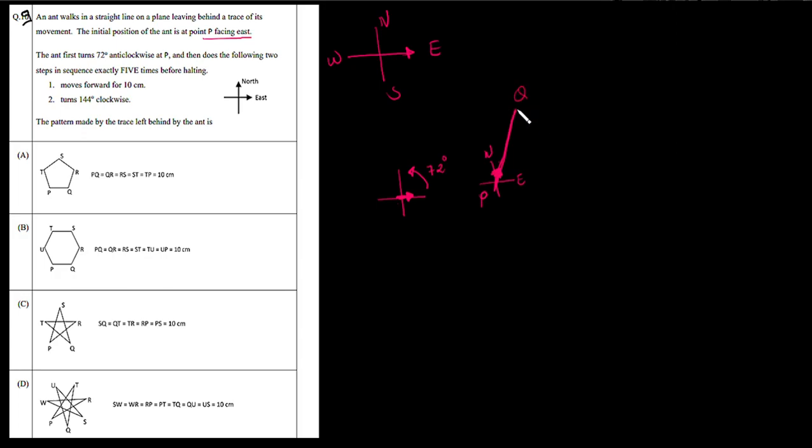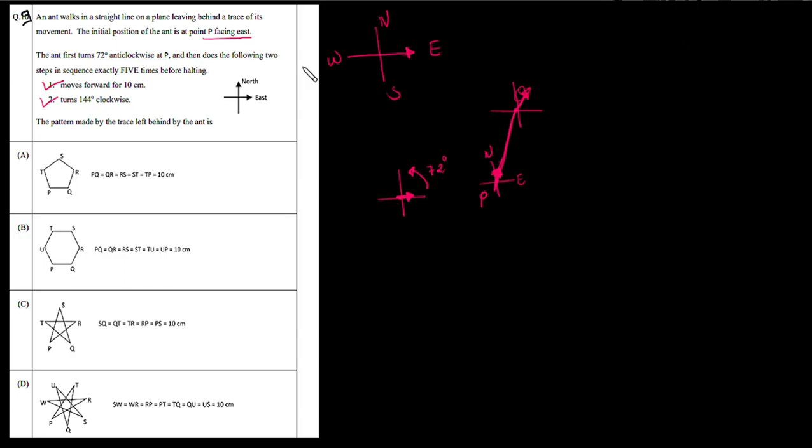So this is our termination point after this first operation. Now operation 2 says the ant has to take a turn of 144 degrees clockwise. Again I can draw my coordinate axis at this point. Here again my ant is facing in this direction.